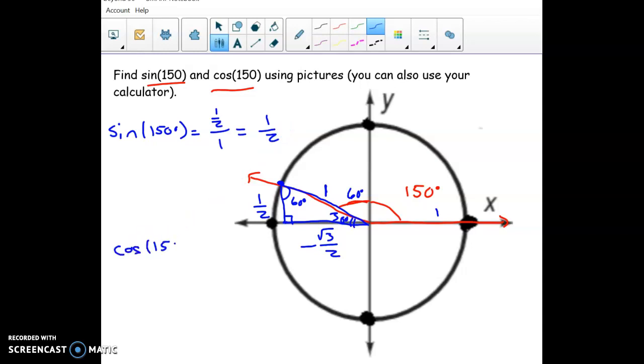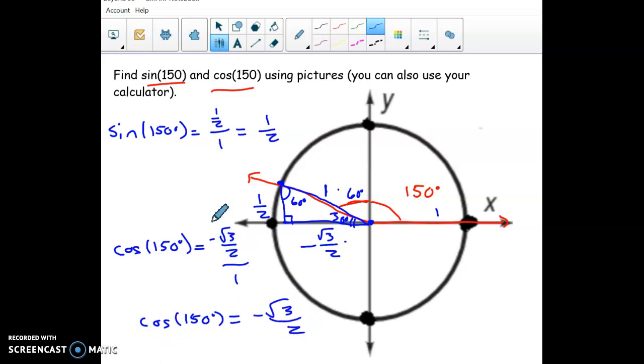Similarly, the cosine of 150 is going to be, again, from this angle's perspective, adjacent over hypotenuse. So it's going to be negative square root of 3/2 over 1. So the cosine for 150 should be negative square root of 3/2.